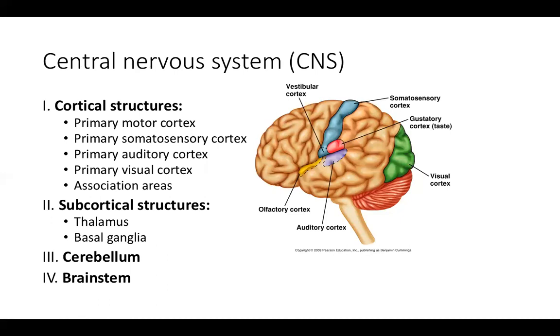The primary somatosensory cortex, and this region is a critical area for the input that comes in to guide the primary motor cortex. The primary auditory cortex, which processes auditory information. The primary visual cortex, which processes all the visual input that comes in, and association areas, which we'll go into in a little bit of detail in just a sec.